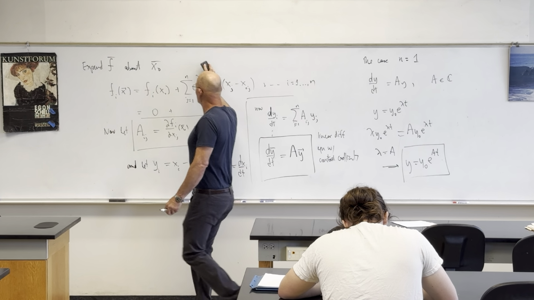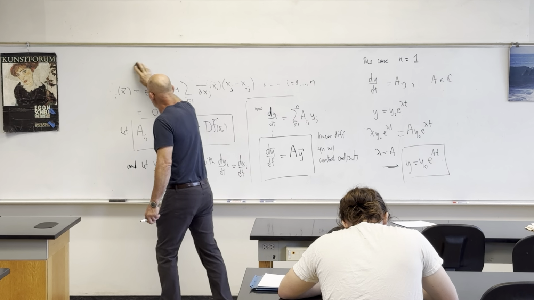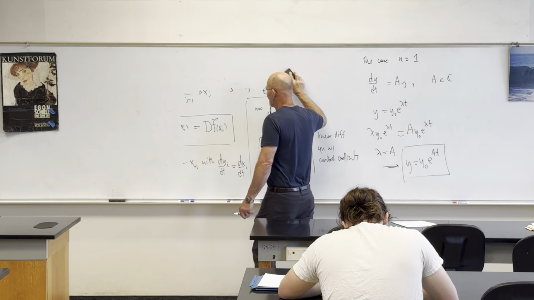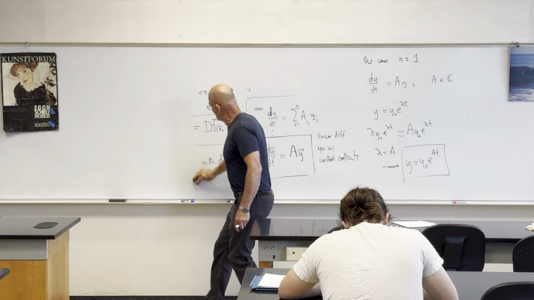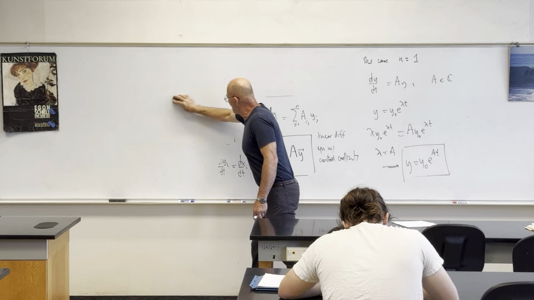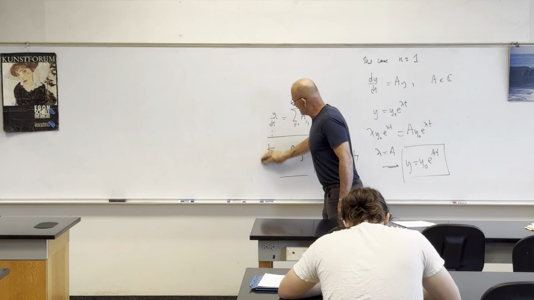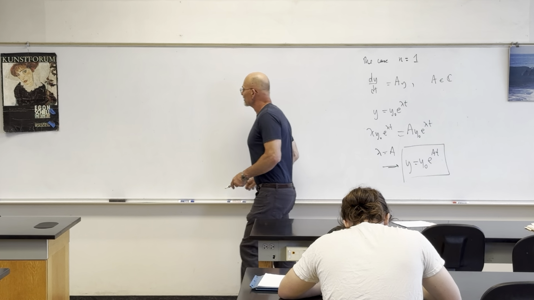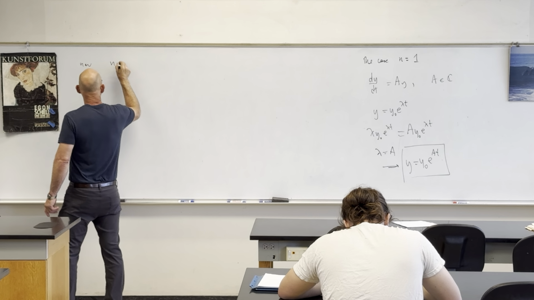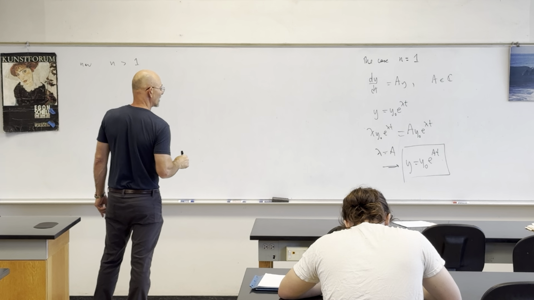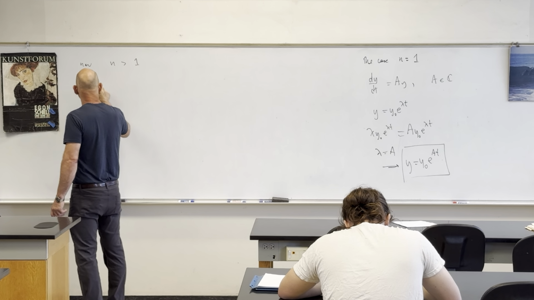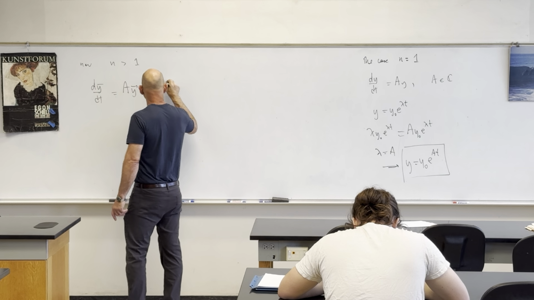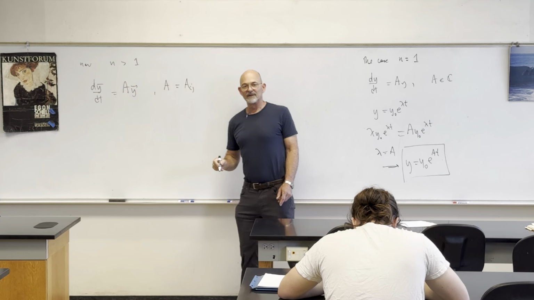Go ahead and make up some room here. Square matrix, dy dt, vector y, A is equal to the matrix Aij.